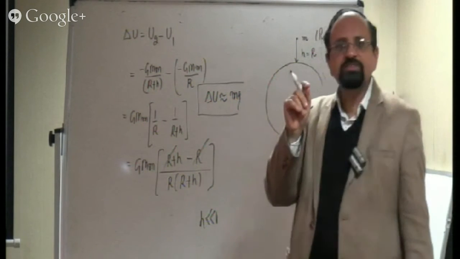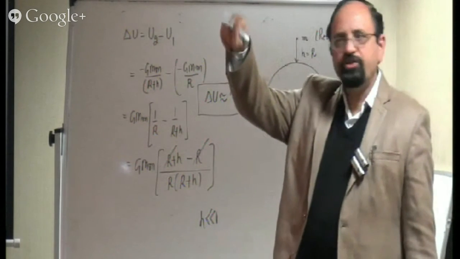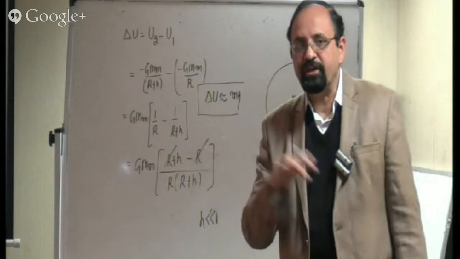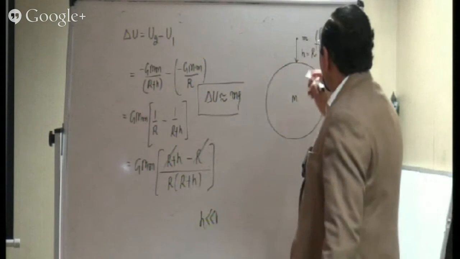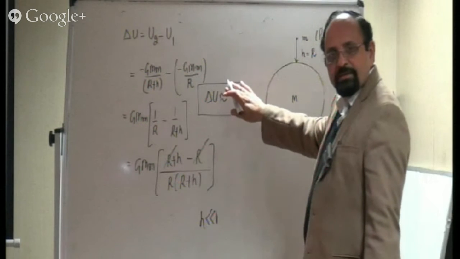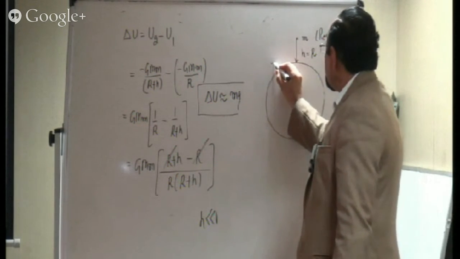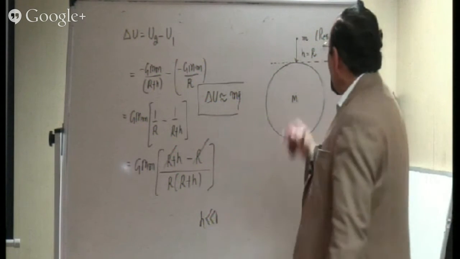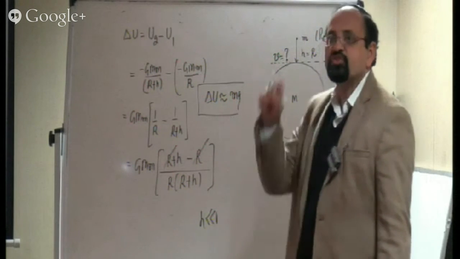Remember, height is taken from the surface of Earth, not from the center. Ignore air resistance. The body reaches the surface of Earth, and we have to calculate the velocity with which it strikes the ground.